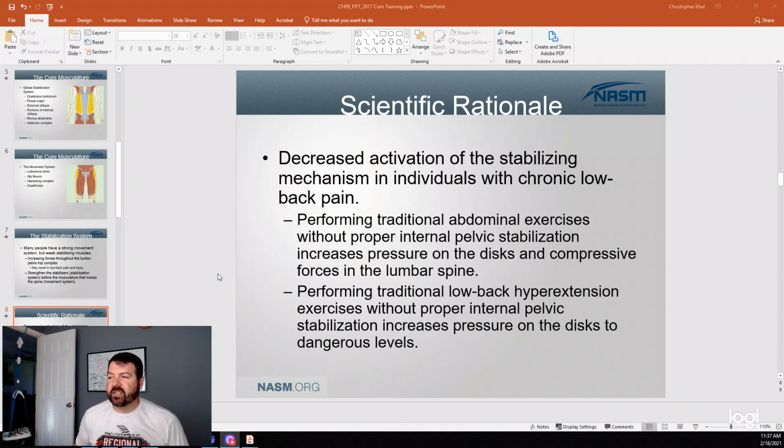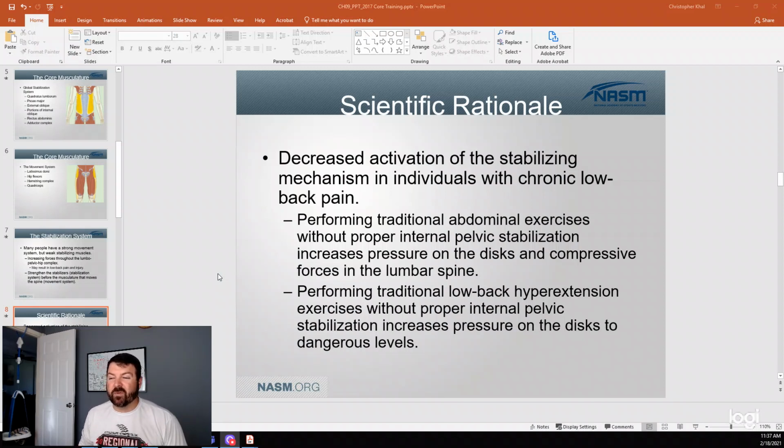Rationale. So there is decreased activation of the stabilizing mechanism in individuals with chronic low back pain. Performing traditional abdominal exercises without proper internal pelvic stabilization increases the pressure on the discs and compressive forces on the spine. And as well, performing traditional low back hyperextension exercises without proper internal pelvic stabilization increases pressure on the discs to dangerous levels.